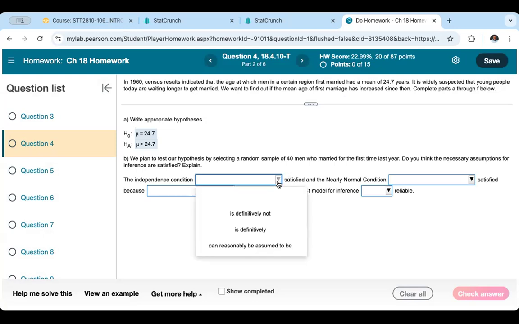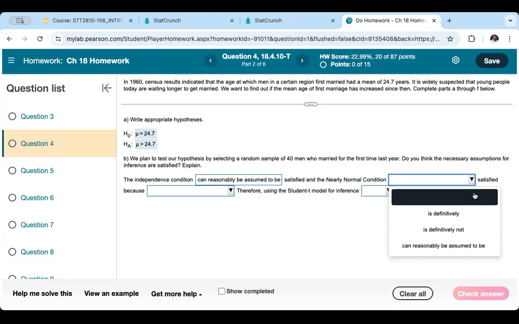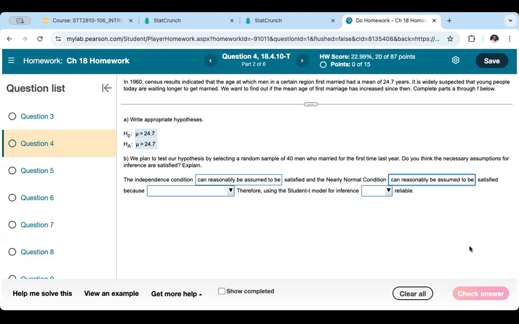The independence condition is, so here we can reasonably assume that the independence condition is satisfied. And then the nearly normal condition can also be reasonably assumed, because we don't even know the sample size here.